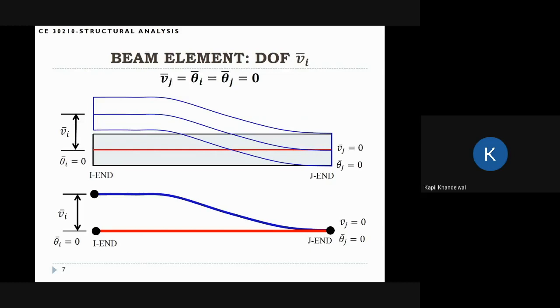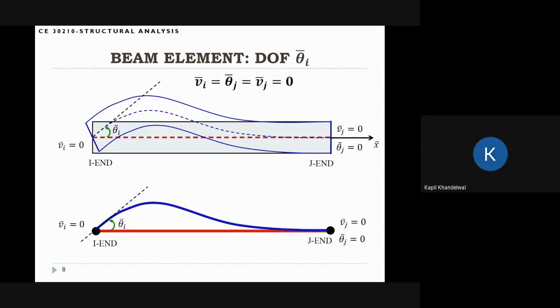Let's see what the theta i degree of freedom is now. Theta i is the rotation at the i end, and I'm using the right hand rule here. So the counterclockwise direction is the positive direction. This is the positive direction of theta i, and you can see that the section has rotated in this case, but there is no vertical displacement of the section.